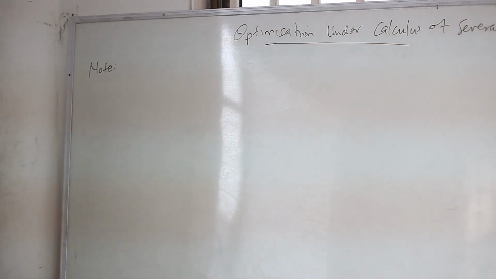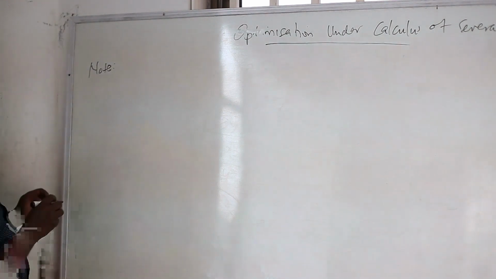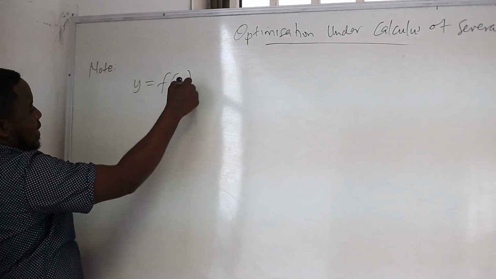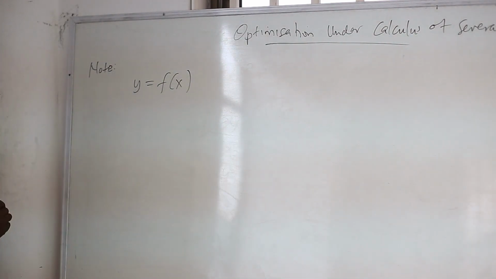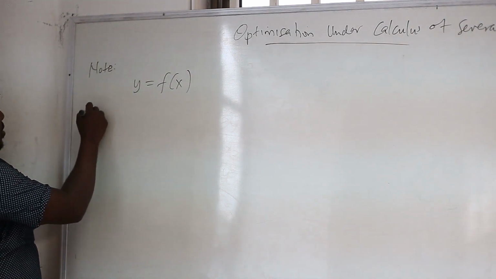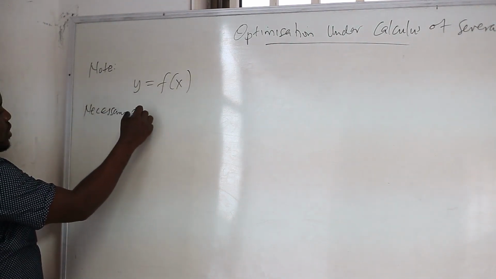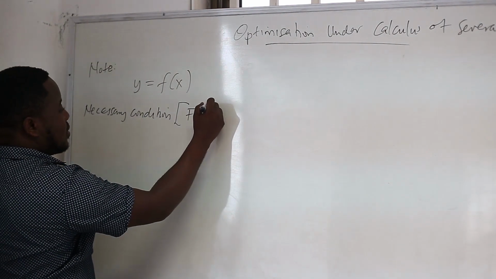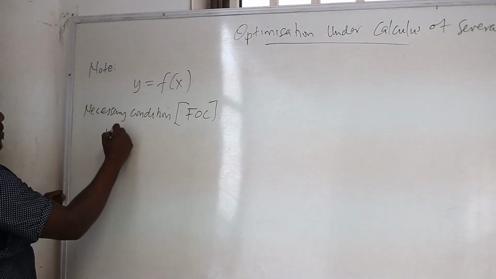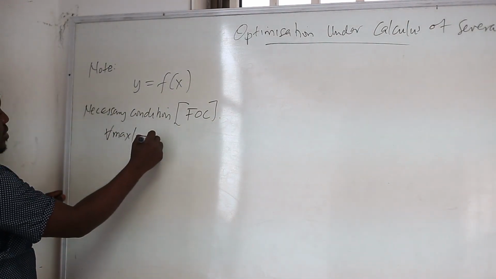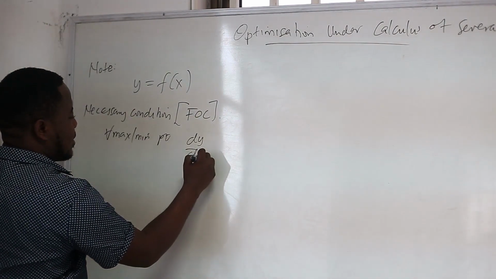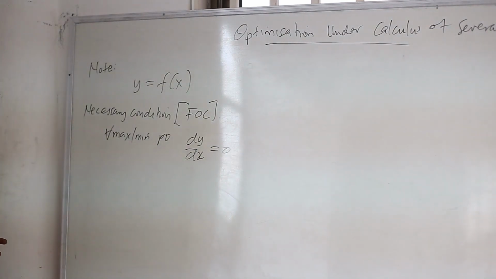Last week we said for us to optimize a function, we need two conditions. If y is a function of x, to optimize this function, the necessary condition, which is also known as a first order condition, was that for any max or min points, dy/dx should be equal to 0.